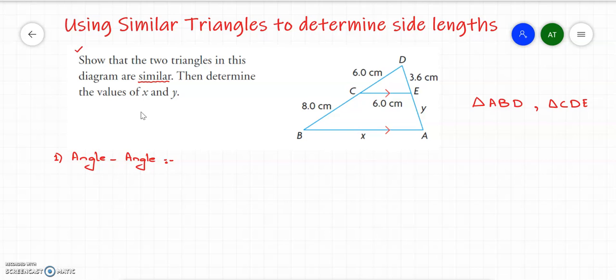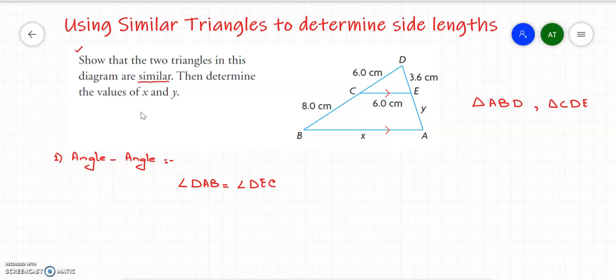If we look at the triangle ABD, we have an angle DAB, which is the same as the angle DEC.